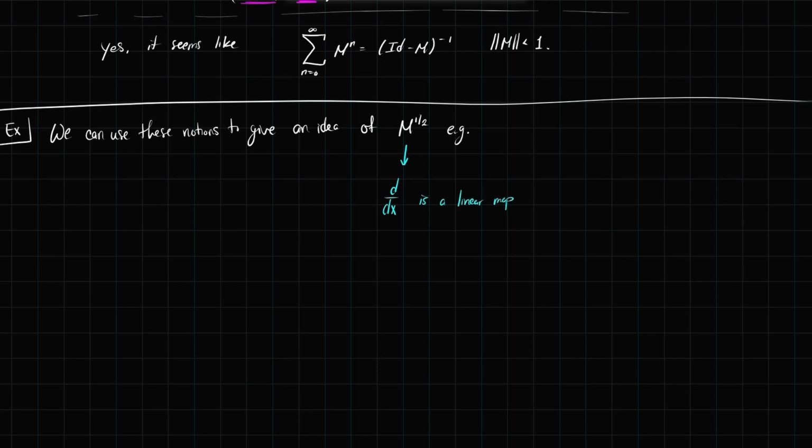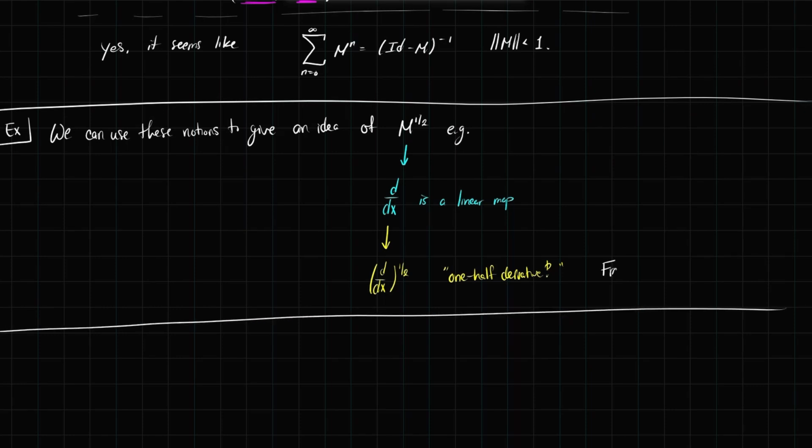And so we can actually use these notions to give us an idea of a 1/2 derivative, whatever that means. And so there are really well-defined notions of doing a half derivative. It's actually one of the first things I studied, even when I was an undergraduate. It's called fractional calculus.